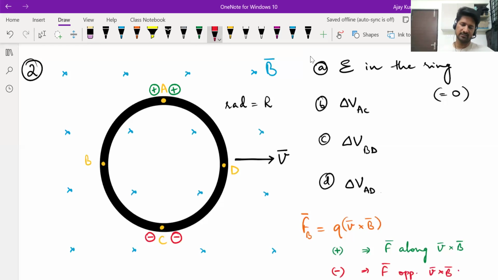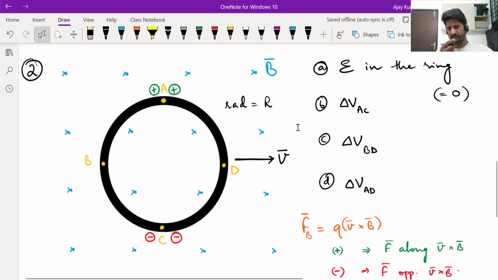And because there's a charge separation, there will be a potential difference. Now we have to find out the potential difference between A and C. This potential difference is what we call motional EMF. It is arising due to motion of conductor inside the magnetic field.